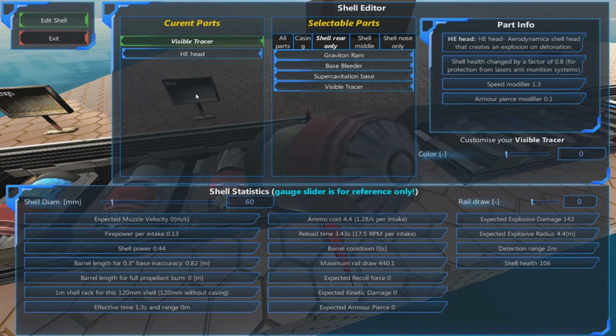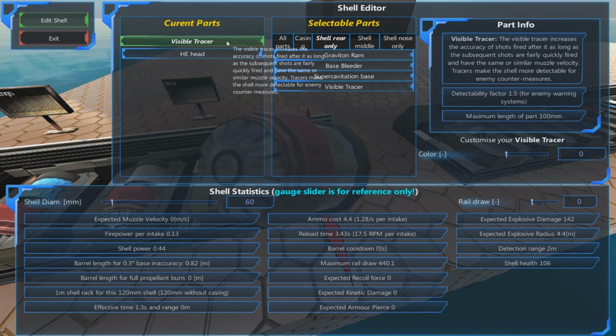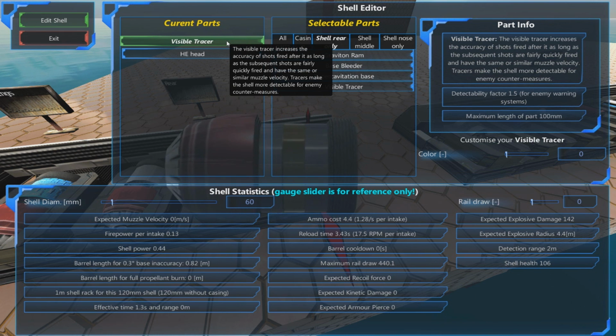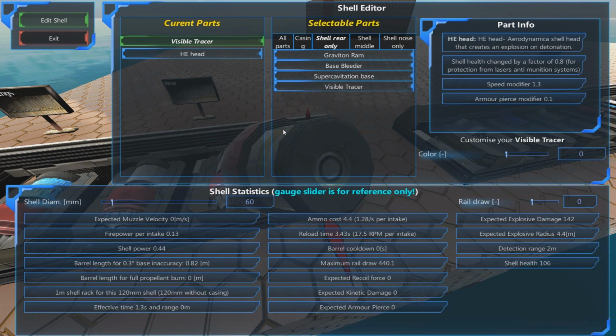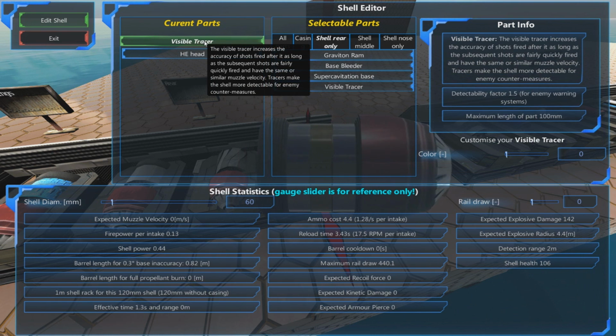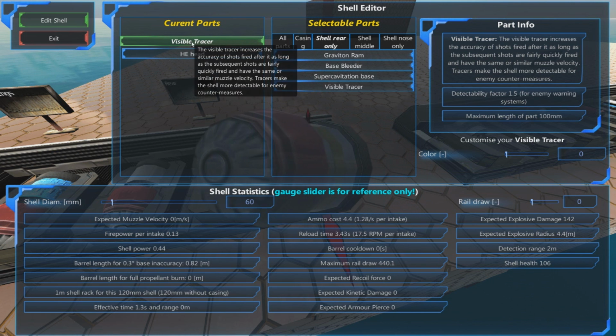And lastly, we have the Visible Tracer, and this thing is not very useful anymore. It used to be very useful indeed. In fact, back before the big APS update, Visible Tracers were very useful because they increase the accuracy of shots fired after it, as long as the subsequent shots are fairly quickly fired and of the same or similar muzzle velocity.